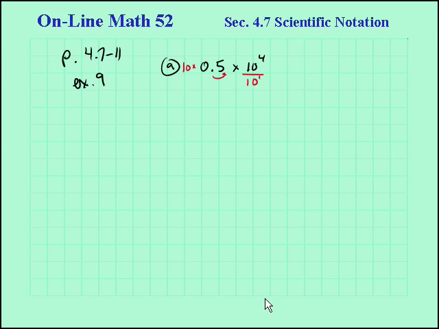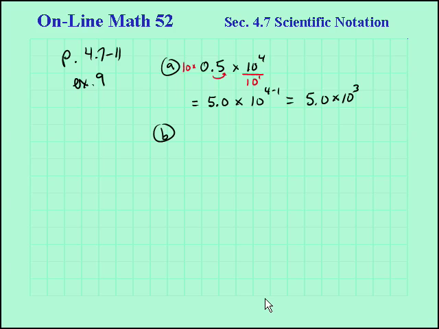What this does is 10 times 0.5 makes it 5.0, or just 5. But here, it's 10 to the 4 minus 1. Remember, the quotient rule tells us we need to subtract the exponents, top minus bottom. So 10 to the 4 minus 1, to complete this, that's 5, or maybe 5.0, times 10 to the third. In this case, the 0.0 part of it wasn't necessary.